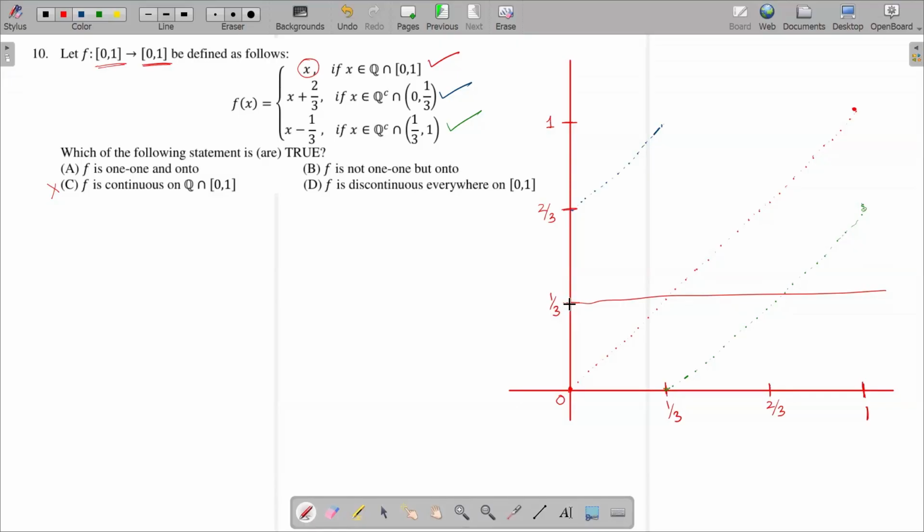So 1 by 3 will be caught only once. That is, 1 by 3, the image is 1 by 3. Now, if I take any irrational r and look at the pre-image, it will not appear here because these are images of rationals. So it will appear uniquely here only.